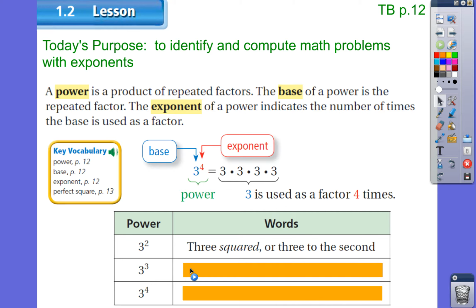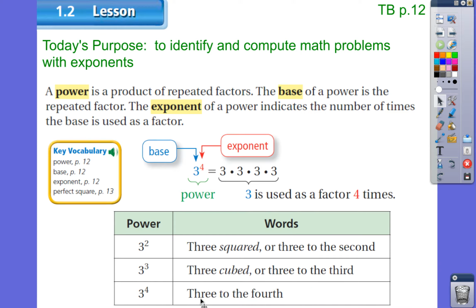If it is to the 3rd power, they'll use the vocabulary term cubed. Cubed is the same as 3 to the 3rd power. Now once you get beyond the power of 3, you're not going to have shortcuts like that. It's not going to be squared or cubed, anything like that. It's just going to be 3 to the 4th power, 3 to the 5th power, 3 to the 10th power, and so forth.